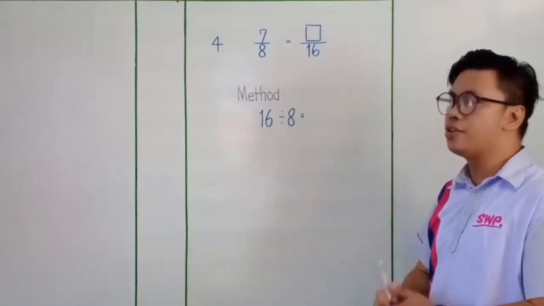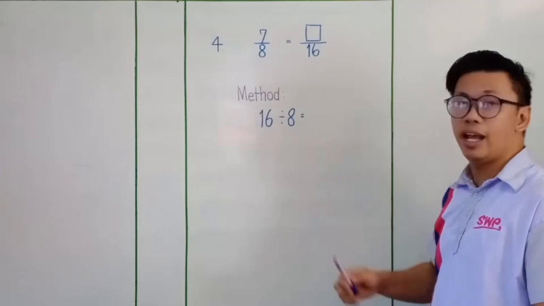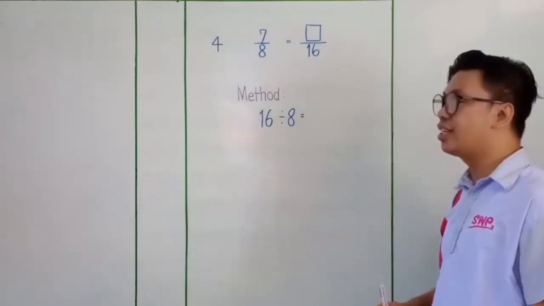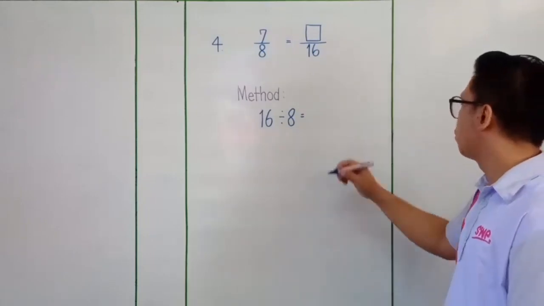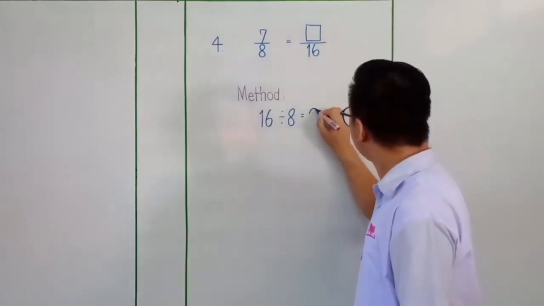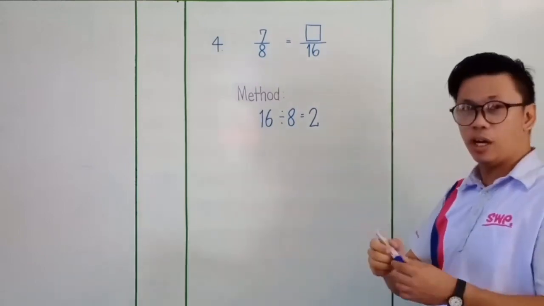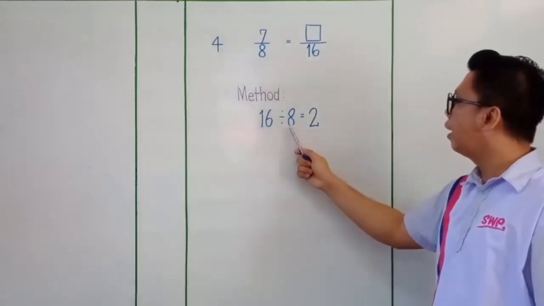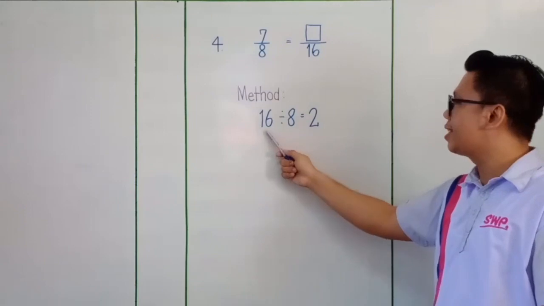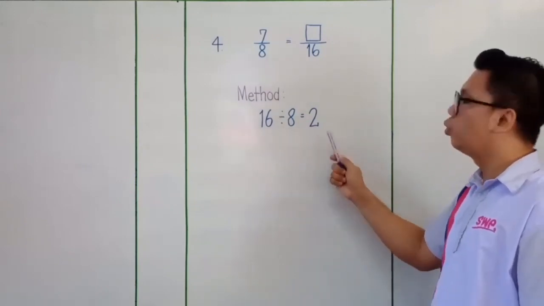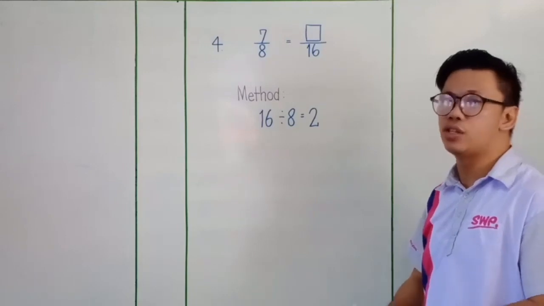So 16 divided by 8 is, what is the answer? Very good. The answer is 2. Why 2? Because 8 times 2 is 16. 16 divided by 8 is 2.